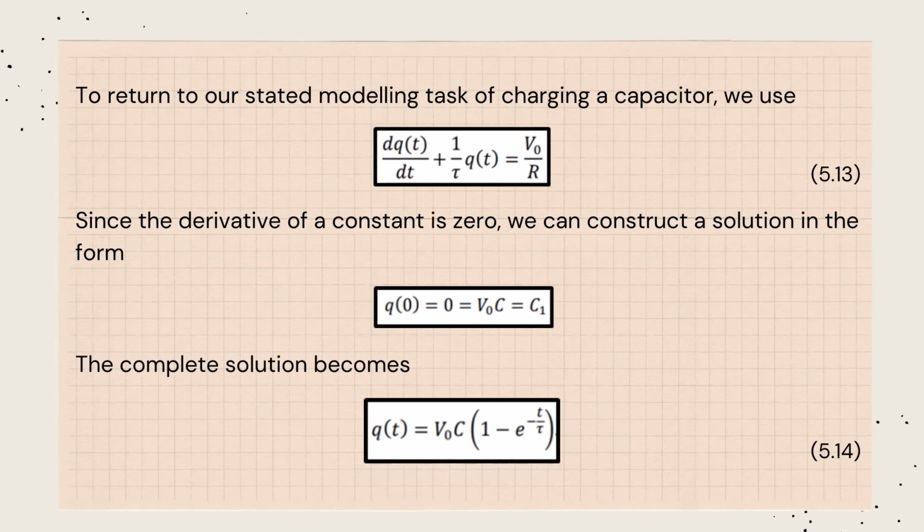To return to our stated modeling task of charging a capacitor, we apply equation 5.11 under the simple assumption of a constant input voltage, and it will look like equation 5.13. Since the derivative of a constant is 0, we can construct a solution in the form of Q(0) equal to 0, V0C equal to C1, and the complete solution becomes equation 5.14.